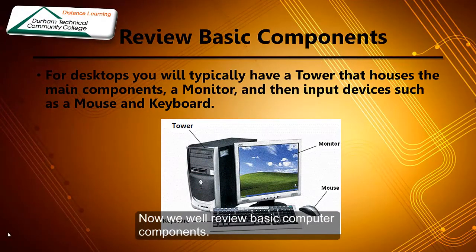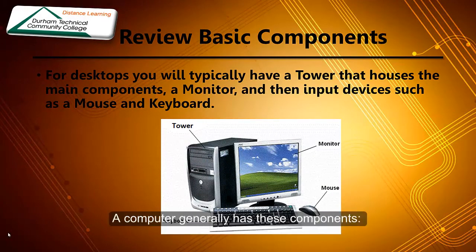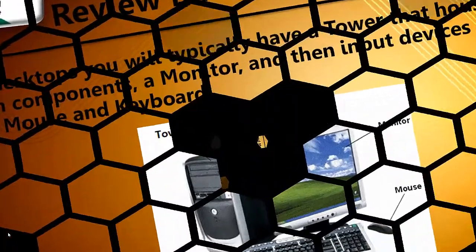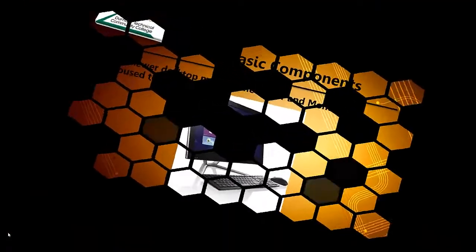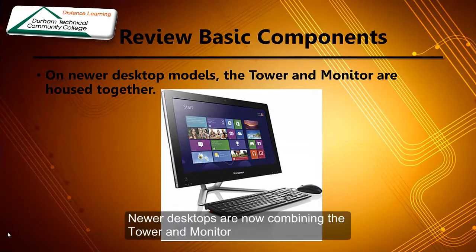Now we will review basic computer components. A computer generally has these components: a tower, monitor, mouse, and keyboard. Newer desktops are now combining the tower and monitor.